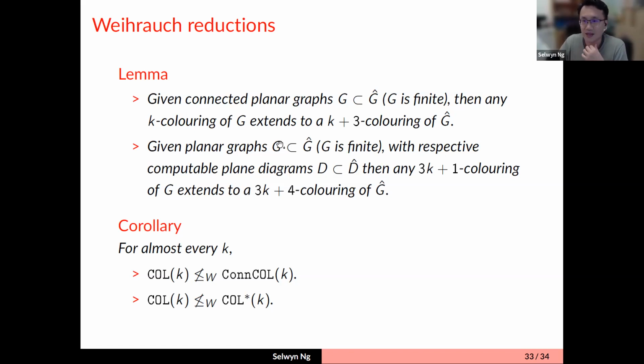We have similar extension results which are proved quite differently, but the statement is the same. And so now finally, as a corollary, we can show that for almost every k, the k-coloring theorem is not the same as the connected nor the star coloring theorem for the same parameter k.